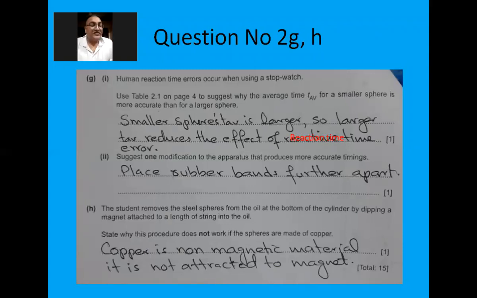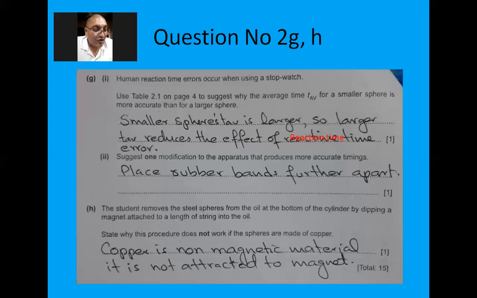Part H: the student removes the steel spheres from the oil at the bottom of the cylinder by dipping a magnet attached to a length of string into the oil. So he ties a magnet with the string and drops it into the oil cylinder, and the steel ball will be attached to the magnet, and then they pull the string out and the ball will also come out of the oil.